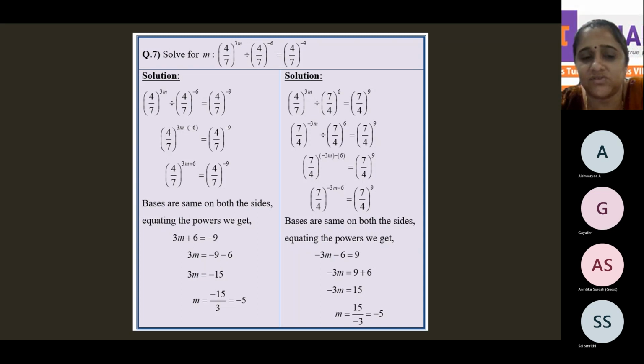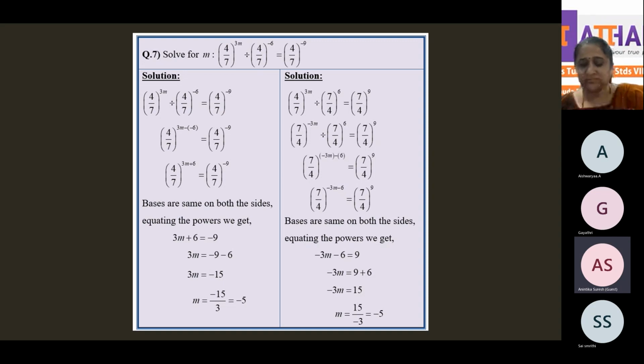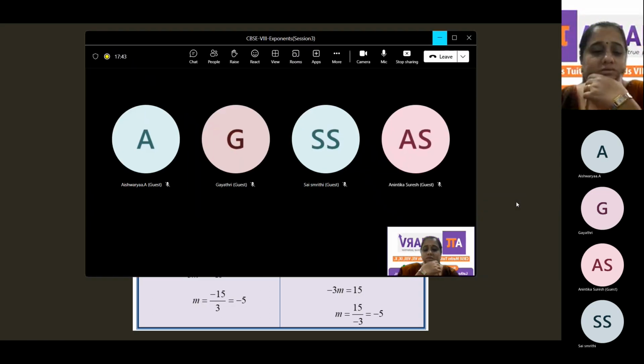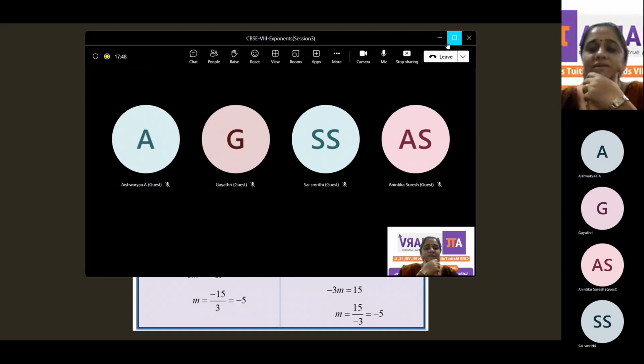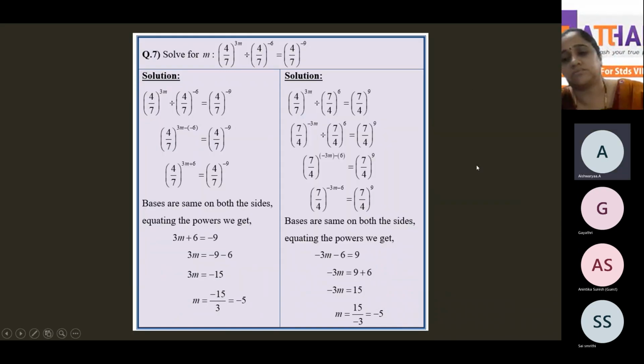You have to take down both the workings, children. I want you to write down both. Yes, ma'am. Understood and written. Now, in less than a minute, okay, 1 minute. Have you all finished? Yes, ma'am. Who's still writing? Gayatri, yeah? Ma'am, Aishwarya.